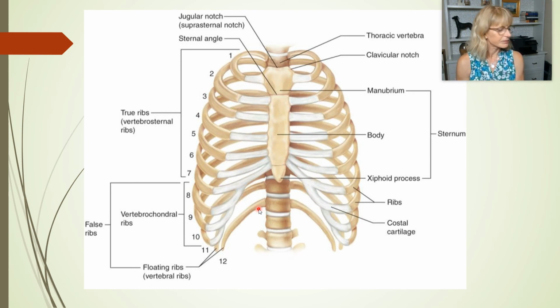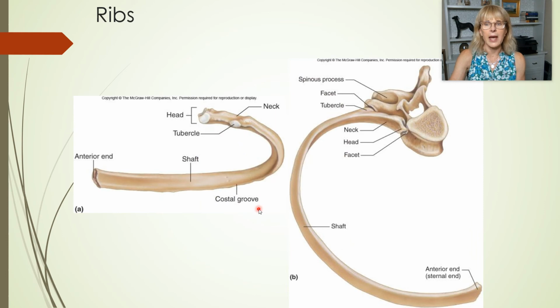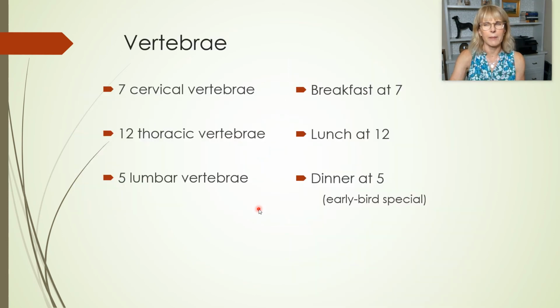All right. A little bit more about the back. Now, you don't need to know that much detail about the sternum. But when it comes to vertebrae, when it comes to the bones that make up our backbones, 7 of them are in our neck. And the neck region is called cervical.